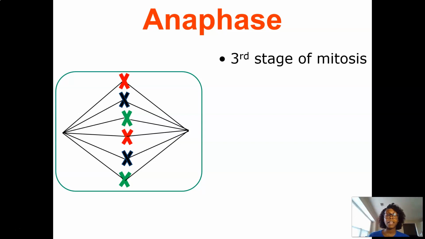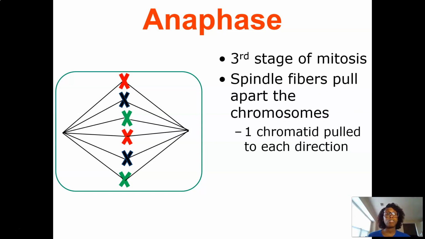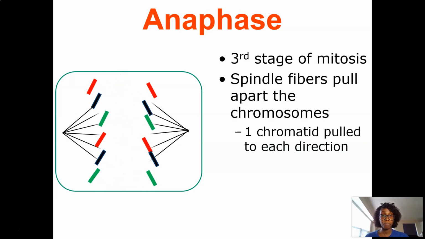Next, we have anaphase. During our anaphase stage, those spindle fibers will pull those chromatids. And we should know from our chromosome module that a chromatid is one part of that chromosome. So it will pull those chromatids to each side of those poles.